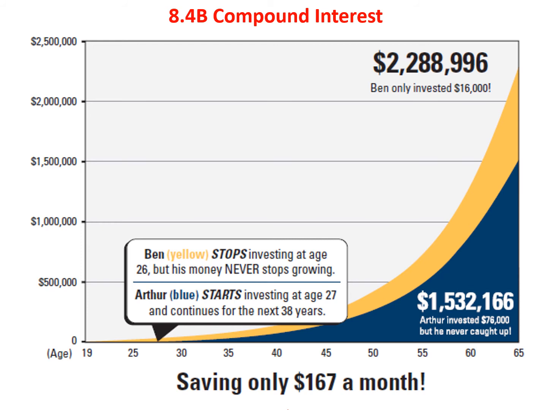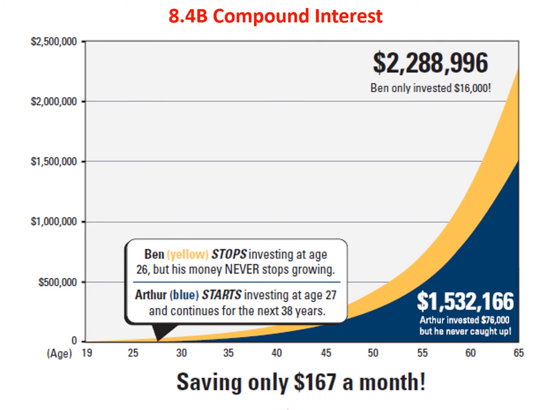It shows that when he turned 27, he stopped putting money in, but the amount of money he's put in, that 16,000, is still growing at 12% per year. And by the time he is 65, the money that he put in for just 7 or 8 years is now worth $2,288,996, even though he didn't put any more money in after he was 27.